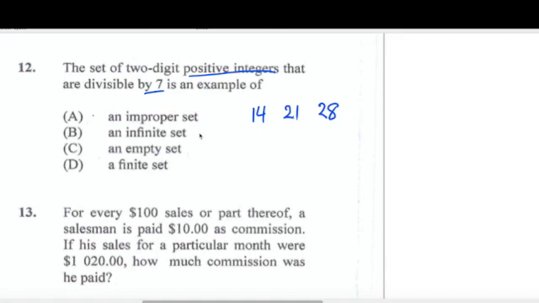No. An infinite set? It's certainly not infinite. An empty set? It is certainly not empty, but it is a finite set. It only has a certain number, up to 12 sevens are 84. In fact, the last one would be 14 times 7, which is 98. So it's definitely a finite set. It only contains these numbers. It doesn't contain any more.